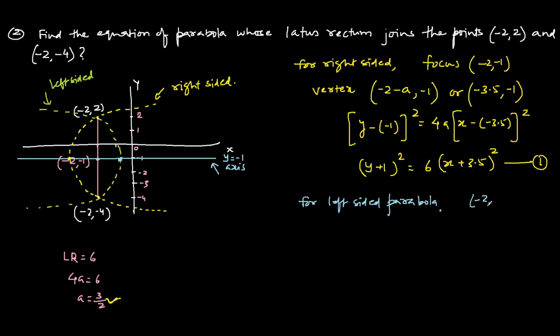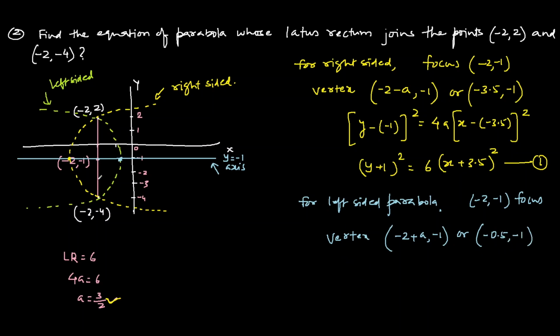The focus is at (-2, -1), so the vertex has to be (-2 plus a, -1), or -2 plus 1.5 is -0.5, comma -1.